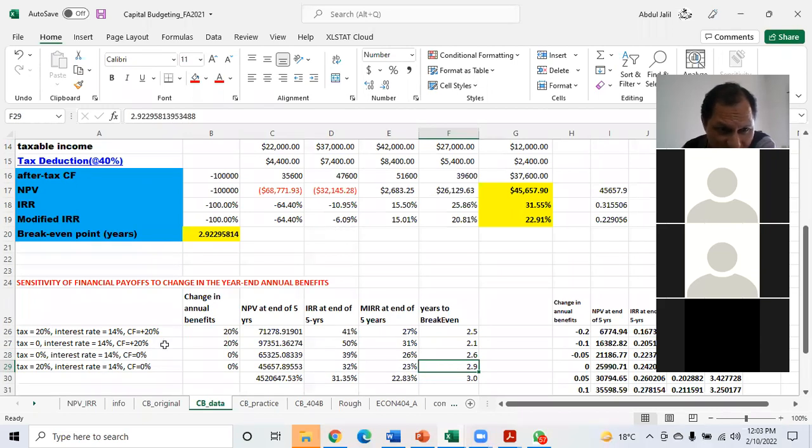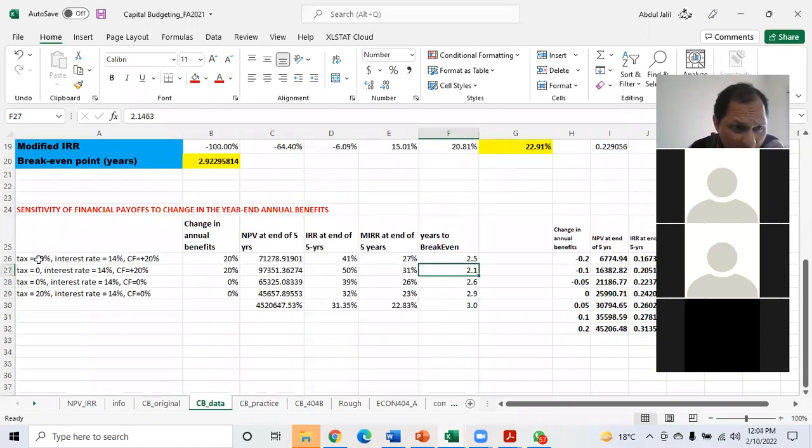But if there is no tax increase and only cash flow increase, the situation is much better. Large amount of cash flows, NPV, 50% returns, 31% modified internal rate of return, and only 2.1 years are required to reach the break-even. Let's suppose 20% is the tax and 20% is the increase in the cash flow, then this will be the situation. Then you can add more situations and more scenarios.